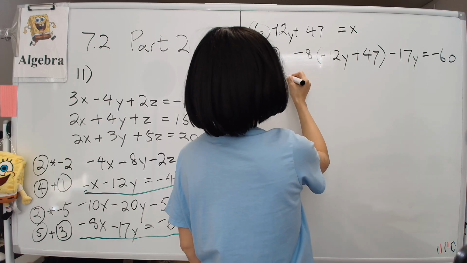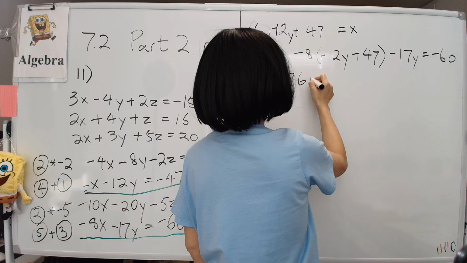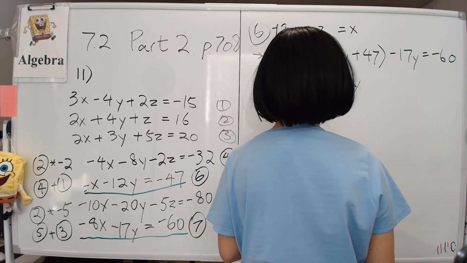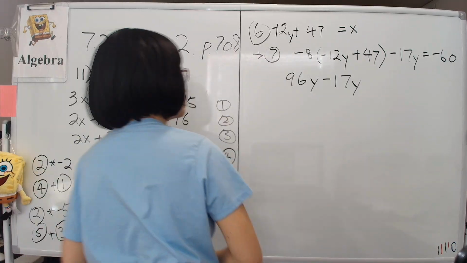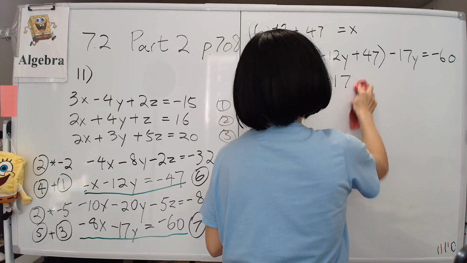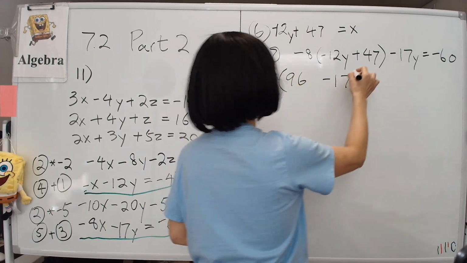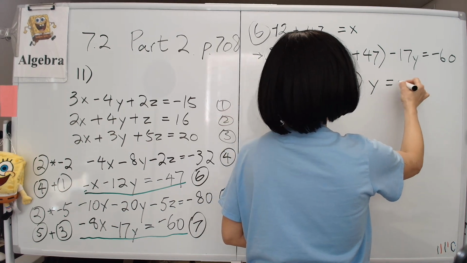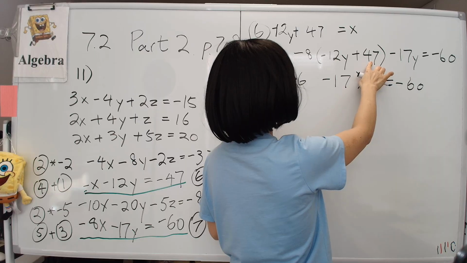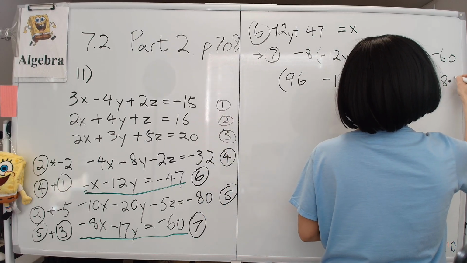Okay, 8 times 12 is 96. 96y minus 17y, I'll write the y outside. 96 minus 17y is equal to minus 60, and then this 8 times 47 moved to the other side becomes plus 8 times 47.